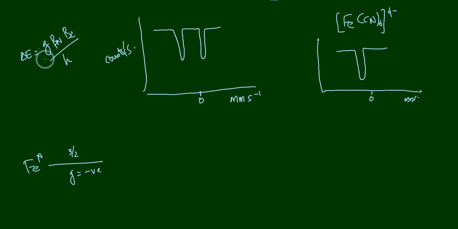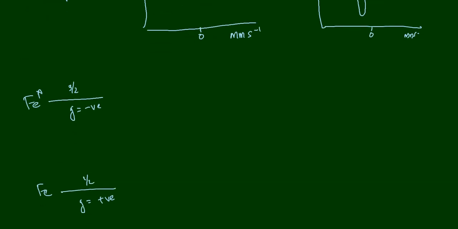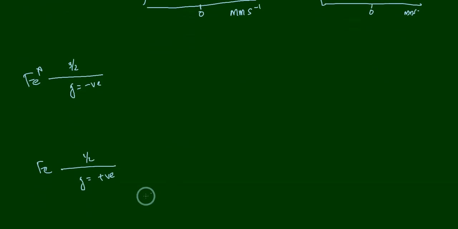Here G is the nuclear G factor, beta N is the nuclear magneton, B Z is the applied field, and h is Planck's constant. The nuclear G factor may have opposite signs in the ground state and excited state. That is possible. In the case of iron, G is positive in the ground state and G is negative in the excited state.